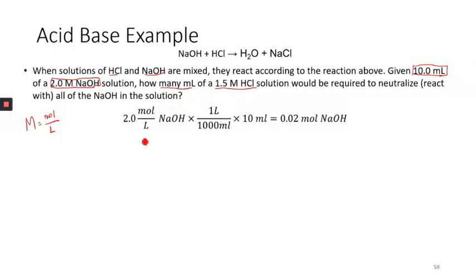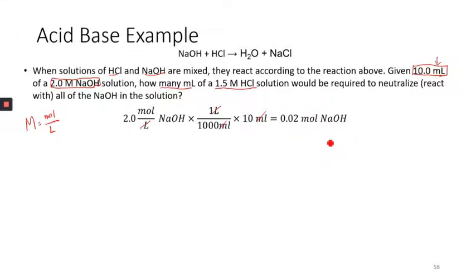So since it's 2 molar, it's 2.0 moles per liter of NaOH. And since this is liters and our volume that they give us is in milliliters, we need to convert it. So by multiplying it by 1 liter over 1000 milliliters, what happens to my liters? They go away, and now I have moles per milliliter. And they say you have 10 milliliters, so I can multiply it by milliliters, which will then cancel out the milliliters, and I end up with moles.